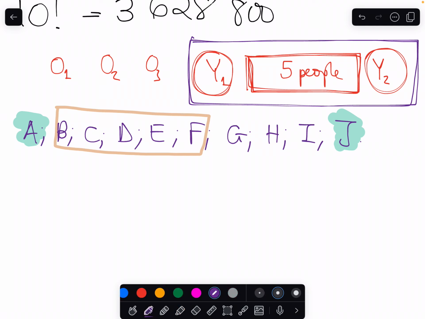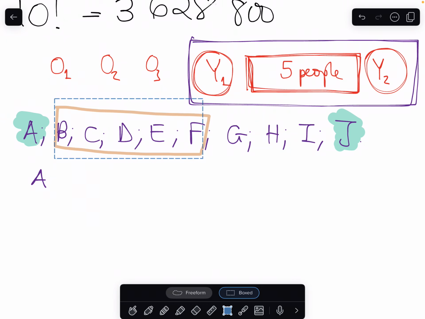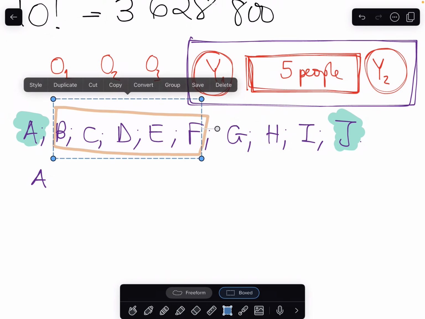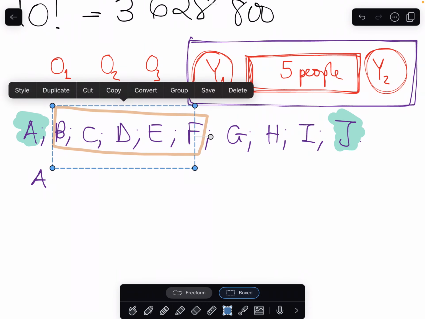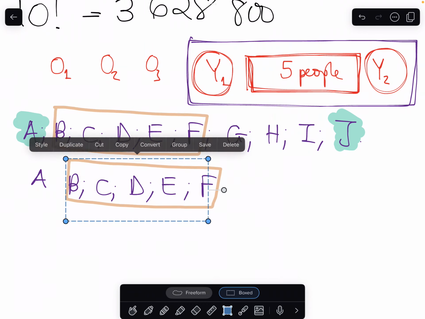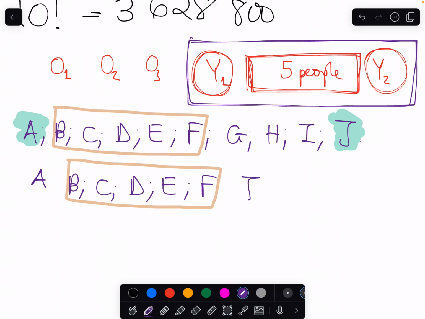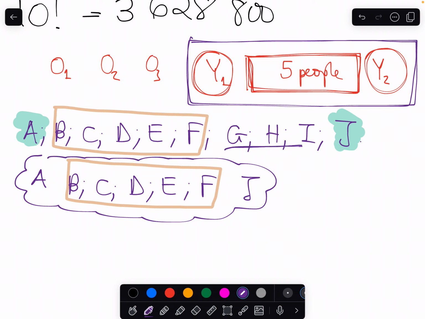So what I would say is, okay, so it would be these guys are a unit, and then the rest of the guys are just free agents.